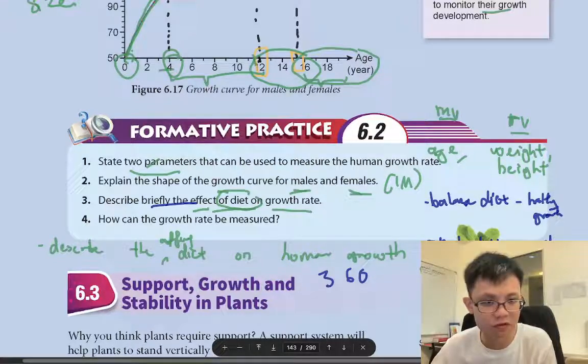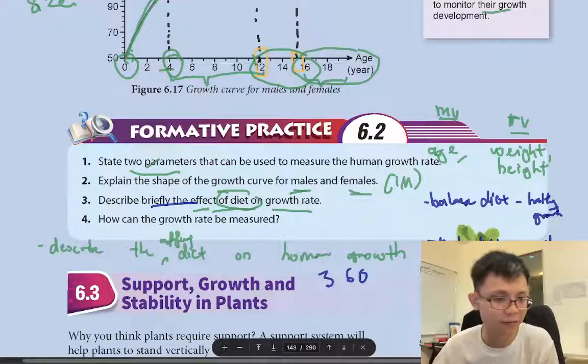I can put slow rate of growth or abnormal, or then we can have too much food like carbohydrate, like fat and carbo, so it will cause obesity.